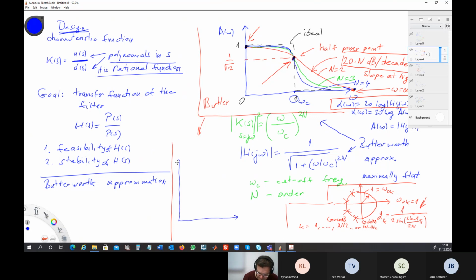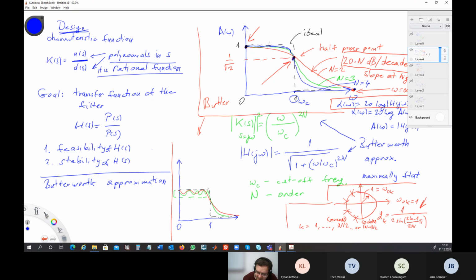Then we have the black ideal one, then we can use the red one. And we can use the green one. And so on. What we have obtained, this is the ripple, and this was the price to be paid to obtain lower order.